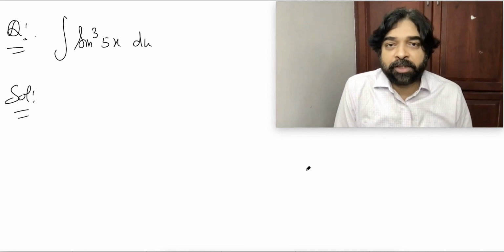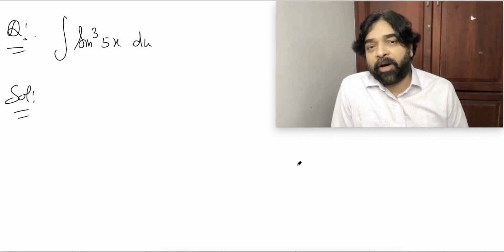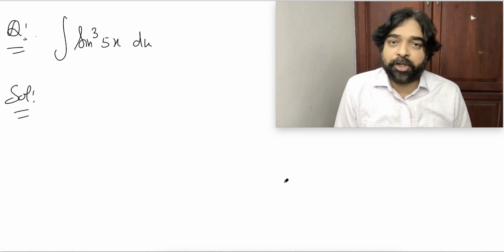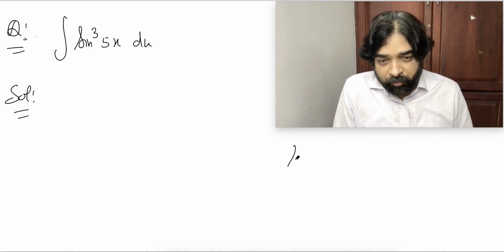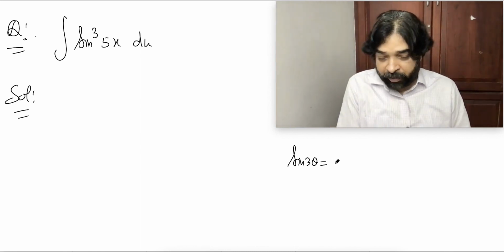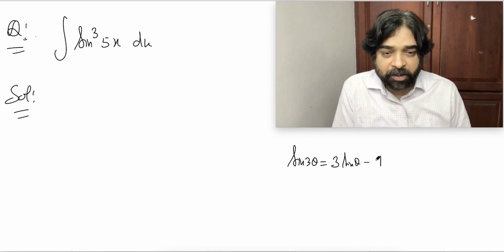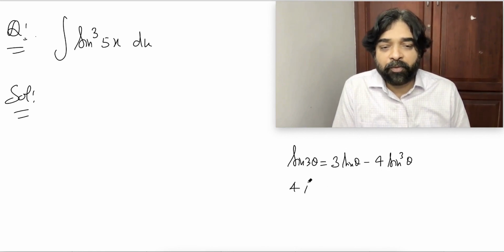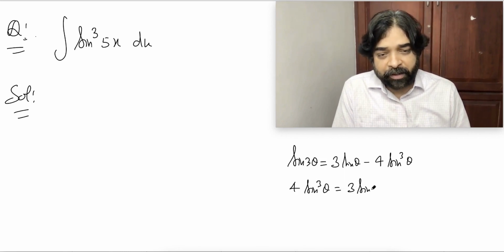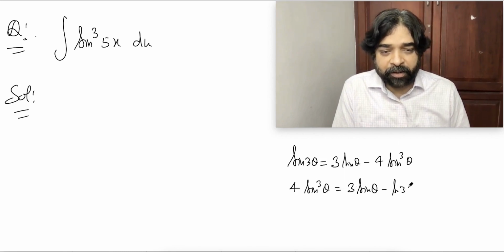Do we have any formula in trigonometry which involves sine cube? Yes. For sin 3 theta, there is a formula. That is nothing but 3 sin theta minus 4 sin cube theta. So from here, 4 sin cube theta will be equal to 3 sin theta minus sin 3 theta.